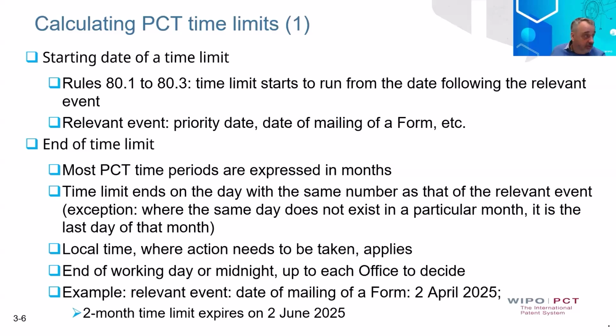So what you can't achieve is, let's say you miss the time limit, and then you think, let's just withdraw the priority claim, then I have more time. Unfortunately, that would not work under the current PCT regulations. It would not allow you to late submit something if that time limit already expired before you withdrew, let's say, the priority claim.